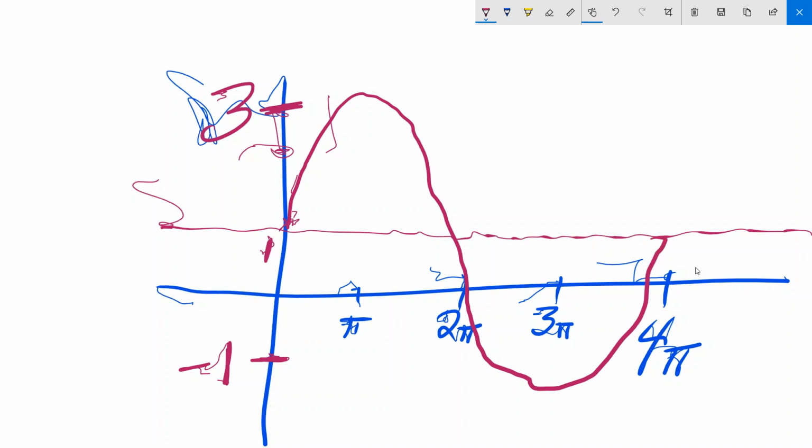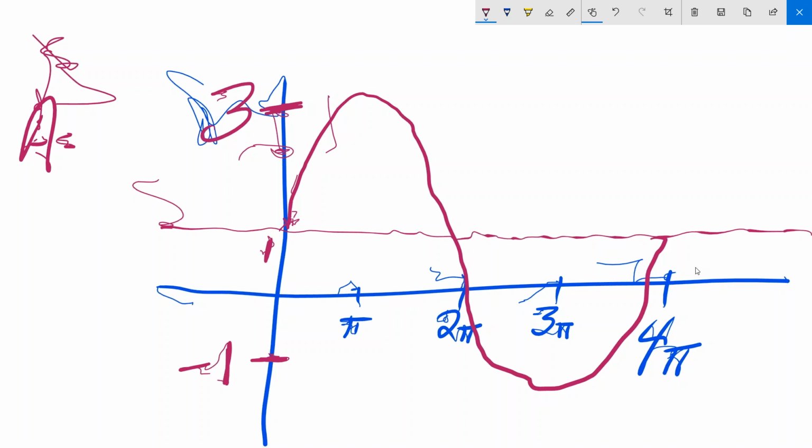And our job is to figure out the equation of that curve I just wrote. So let's start with A. What's A? What's the formula?